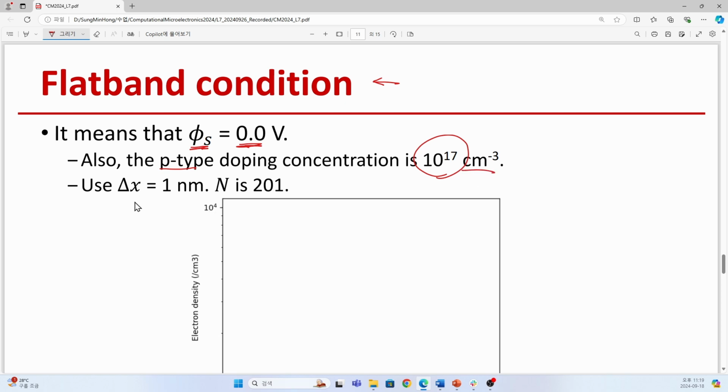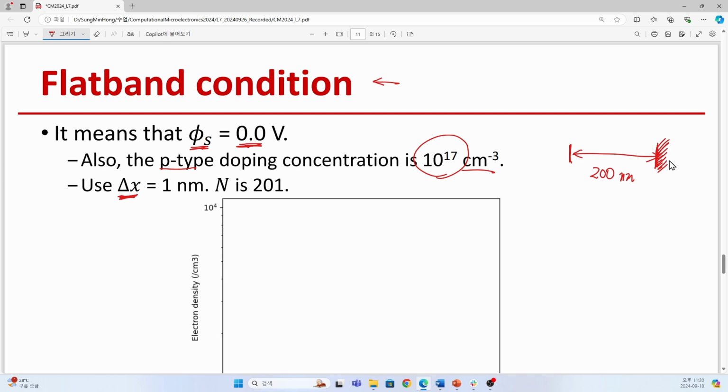In this example, I use delta x as 1 nanometer and the number of points is 201. So simply speaking, this is a 200 nanometer thick silicon structure. And at the end of this, we have a contact.